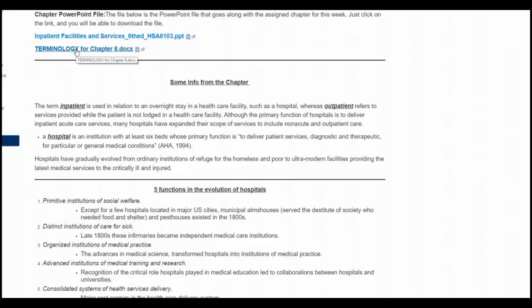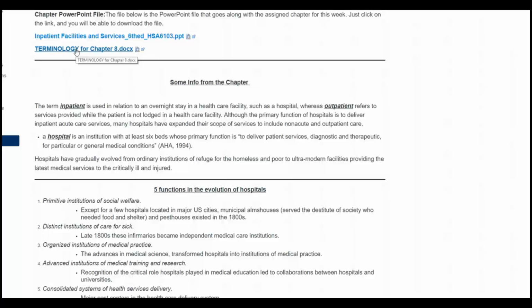So a hospital is an institution that needs to have at least 6 beds whose primary function is to deliver patient services, diagnostic and therapeutic, for a particular or general medical condition.